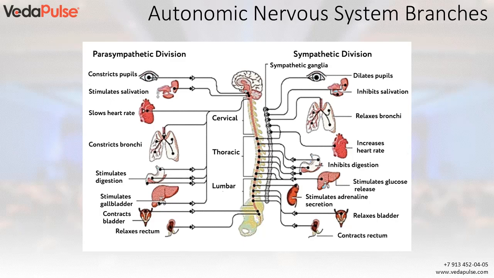So, speaking of the autonomic nervous system, which we effectively scan through the method of cardiointervalography, we can very clearly see the balance between its divisions, the parasympathetic and sympathetic nervous systems. You can see that the parasympathetic nervous system controls the activity of the bronchopulmonary apparatus, causing bronchoconstriction.